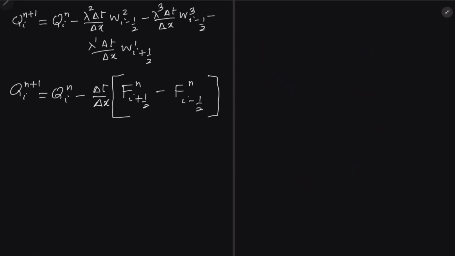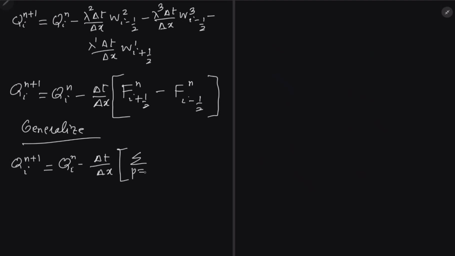So in general, what I was talking about is how we generalize this formula. So we have Q^{n+1}_i, then we have Q^n_i minus delta t by delta x, sum over p is 1 to m.